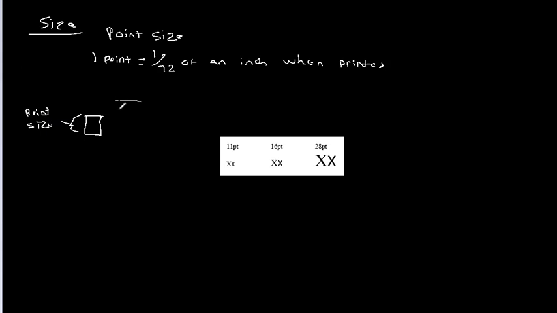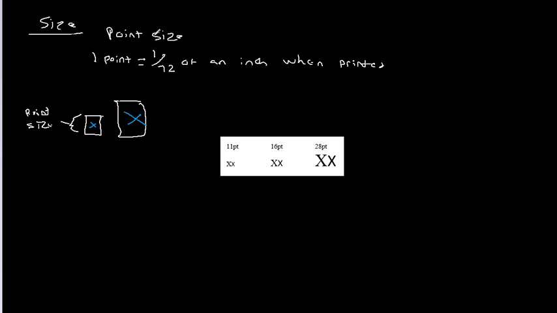Right, so if you make the disc larger, you have a larger point size, but then you can imagine also that within that disc you'd actually have the letter, say for example, X. So point size refers to the size of the disc. Generally speaking, 1 point was 1/72 of an inch when printed, but the X height actually could vary from font to font and would determine how much of that block or piece the actual letter took up when doing the printing.